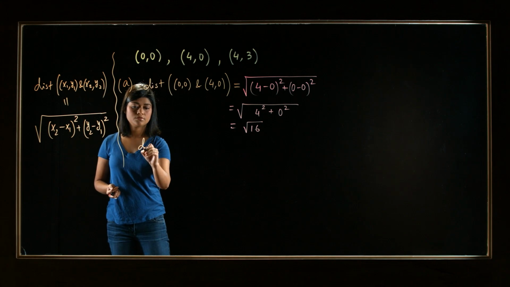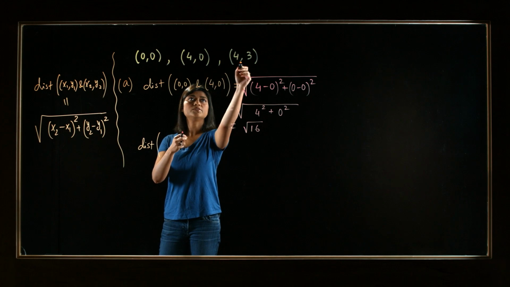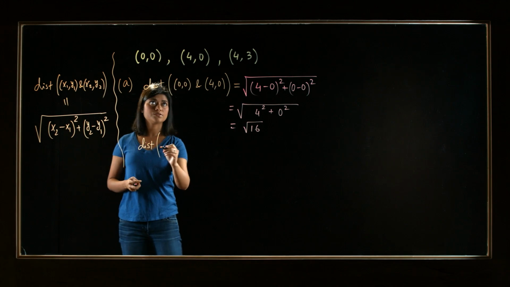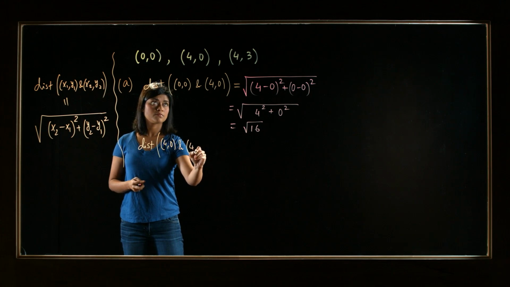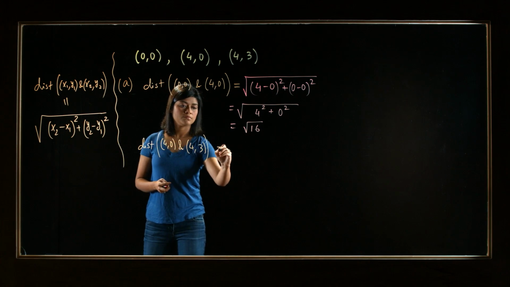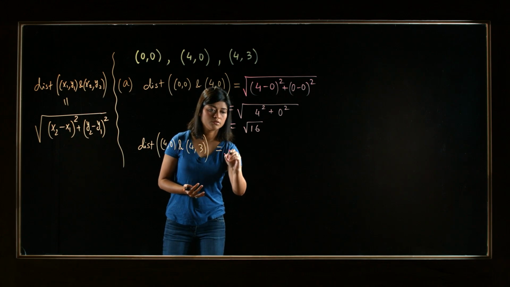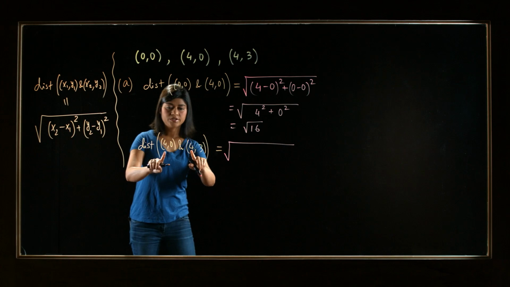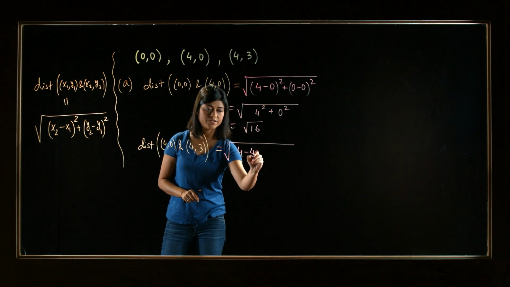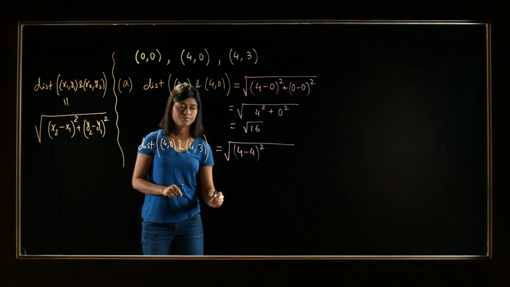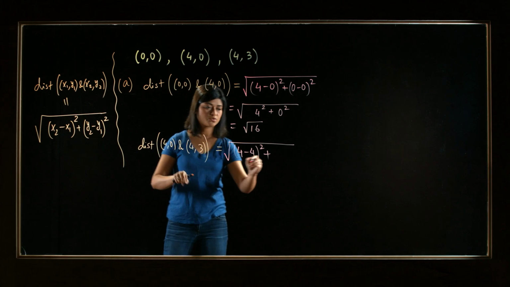Next, for the second length, let's compute the distance between 4, 0 and 4, 3. Okay, use the formula again. This is square root of, take the difference of the 2 x coordinates first, 4 minus 4, and then square it, and then add to it the difference of the 2 y coordinates square.